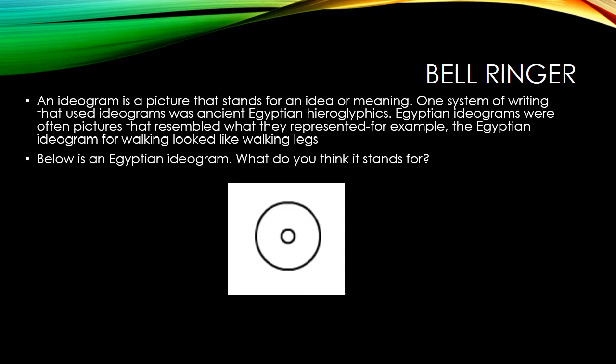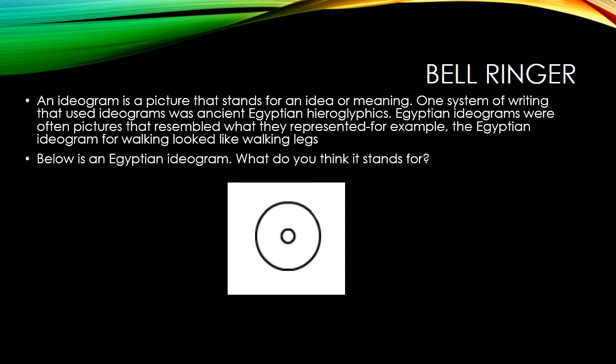We see ideograms all the time in our life. Think about, for instance, the doors of restrooms in public places. A lot of times, instead of writing men or women on the door, they just put an ideogram. They'll put a figure with a skirt on, signifying a woman, and they'll put a figure with pants or no lower body covering, actually just looks like a pair of legs, and they'll signify that for male.